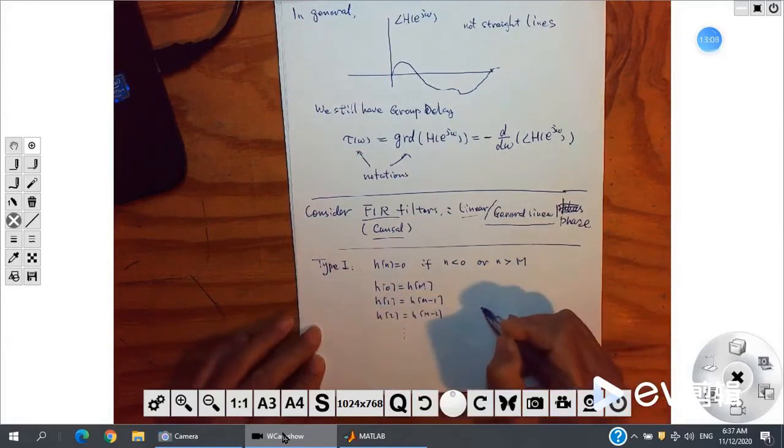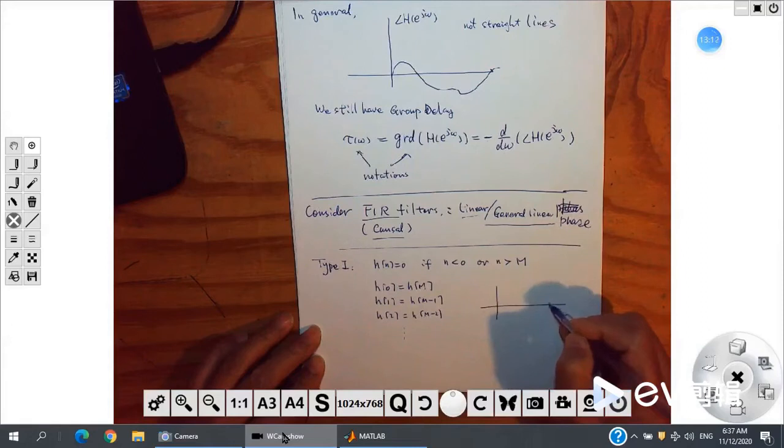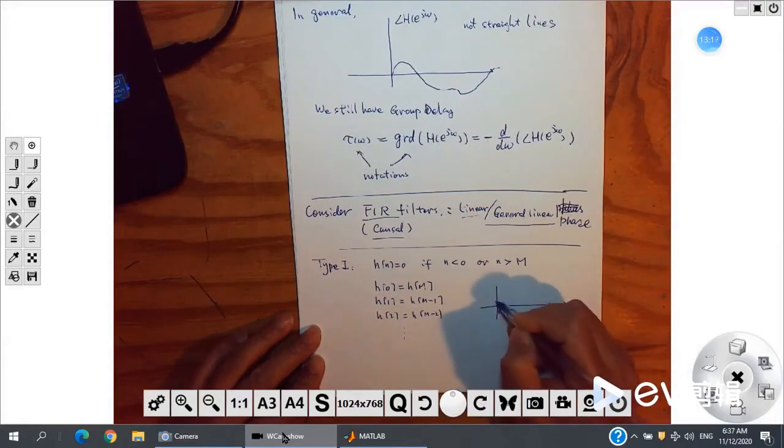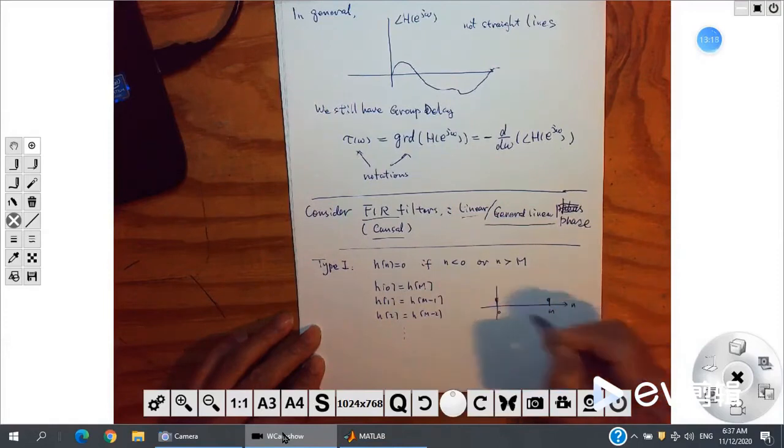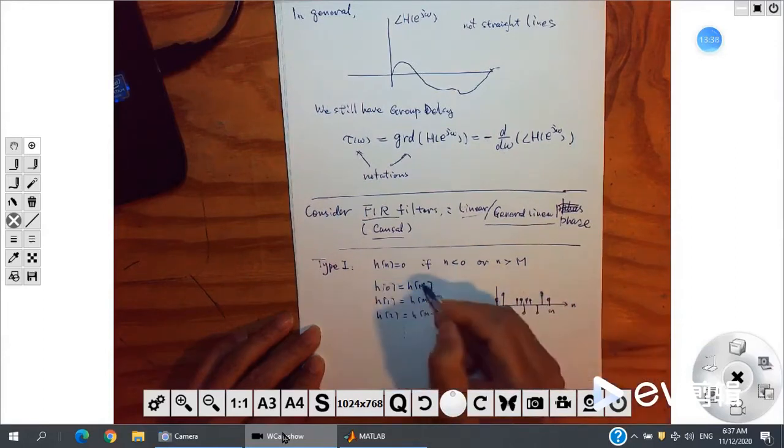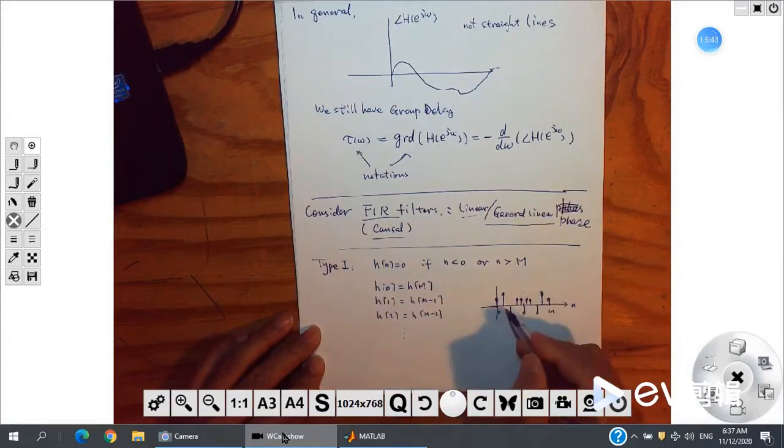It is kind of even. Here n equals M, here n equals 0. These two elements are the same, these two elements are the same, and the middle element is by itself. So 0 and M are the same, 1 and M minus 1 are the same, and so on.